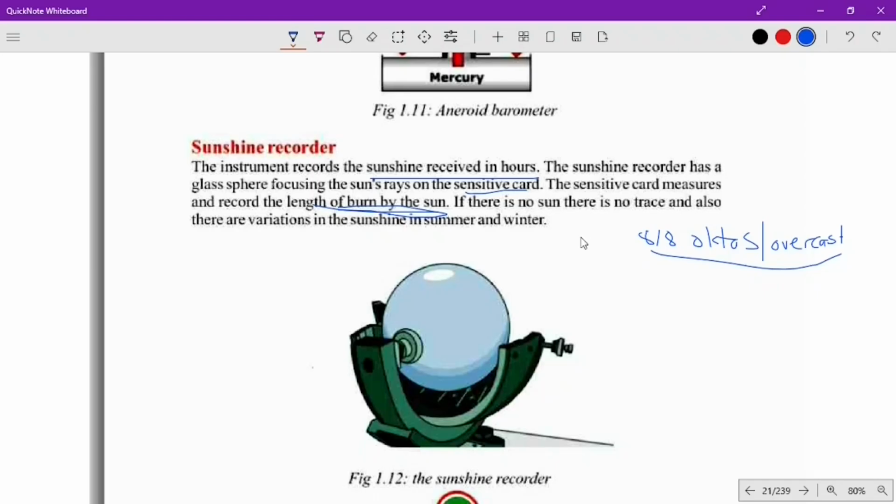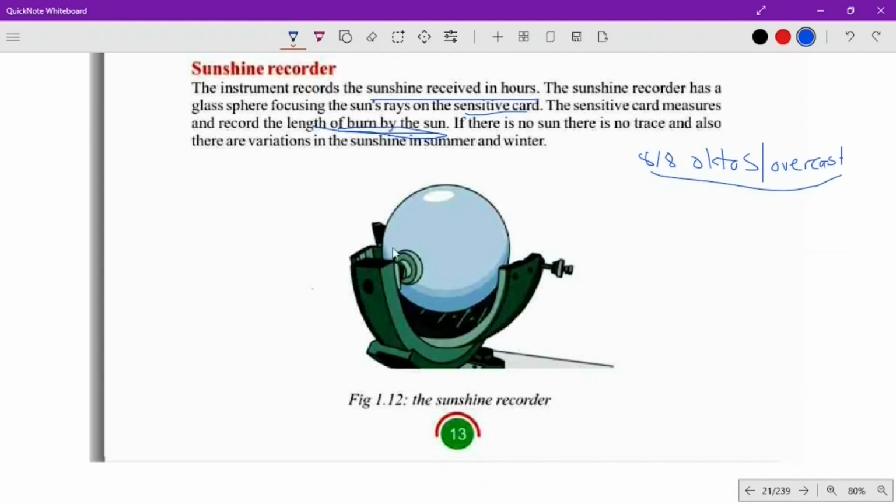It can be clear, you can see, but there can be no sunshine. That means the sun leaves no trace, and also there are variations between the sunshine in summer and in winter. So this instrument is used to record the sunshine. It's called a sunshine recorder.